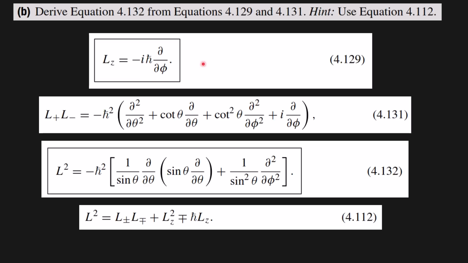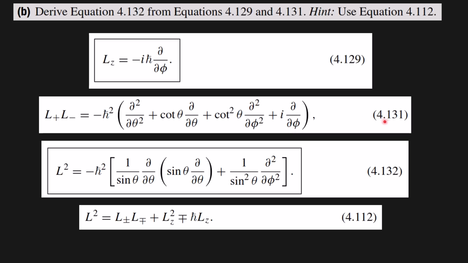And in section A we have seen, in this problem itself, L plus L minus is equal to minus h cross squared delta 2 over delta theta 2 plus cos theta delta over delta theta plus cot squared theta delta 2 over delta pi 2 plus I delta over delta pi.